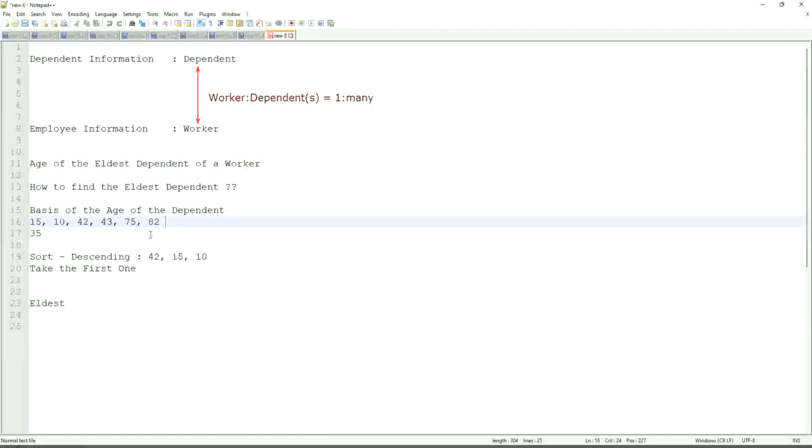If one worker has so many dependents with these ages, will our logic be absolutely bulletproof? Right. Only one problem: if there are multiple dependents with the same age. If there are only children as dependents, and there is a twin of the same age, then at that point it becomes difficult, but other than that it is more or less foolproof.